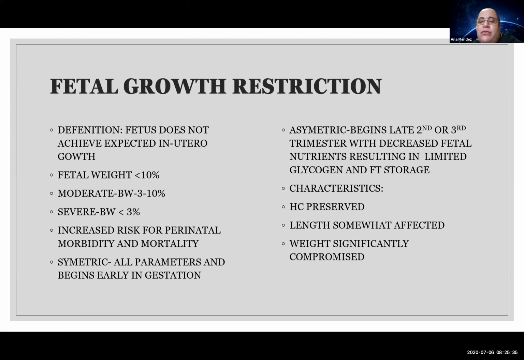Length sometimes is affected according to how long it has been going on for, and weight is significantly compromised in these children. So fetal growth restriction, you can have symmetric, where all parameters are less than 10%, not only weight, and you can have asymmetric. Symmetric happens from the beginning of early gestation. Asymmetric begins in the second and third trimesters.